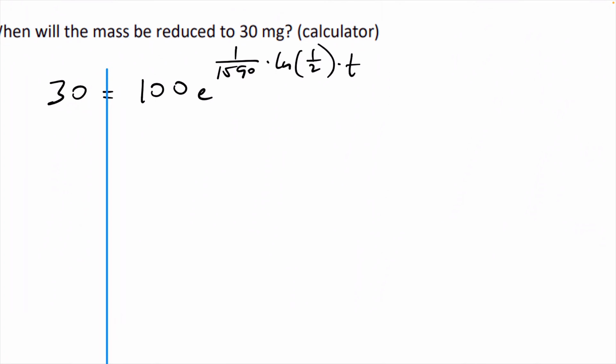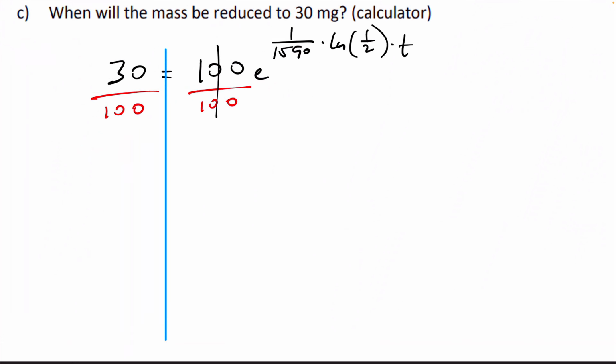So divide both sides by 100. 30 hundredths is 0.3, or sorry, 3/10. And then you get e to the 1/1590 times natural log of 1/2 times t.